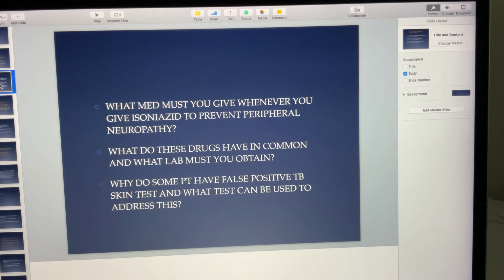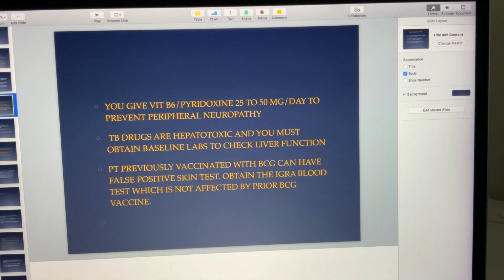Let's find out. You must give vitamin B6, 25 milligrams to 50 milligrams per day to prevent peripheral neuropathy. And what TB drugs have in common is that they are all hepatotoxic, and you must obtain a baseline lab to check liver function.